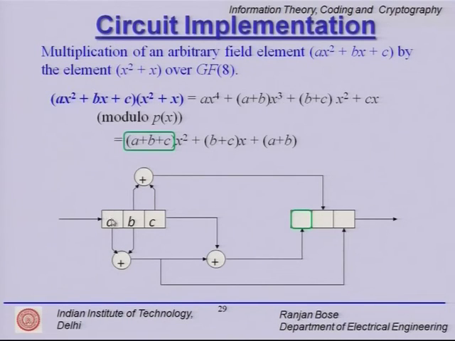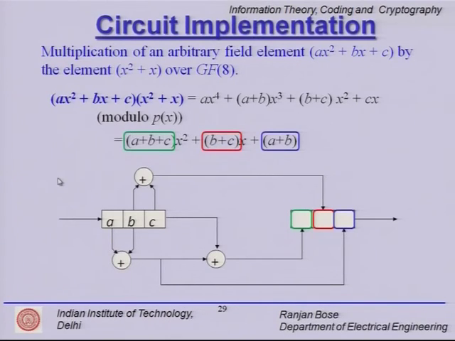These are just standard hardware implementations: a tap from here, a tap from here and a tap from here gives the first coefficient. Now this one should correspond to the coefficient for x, which should be b plus c. That is very easy to implement. I take a tap from b and c, put in an adder and put an arrow here, and the same for a plus b. So this simple circuit in an instant multiplies the polynomial.